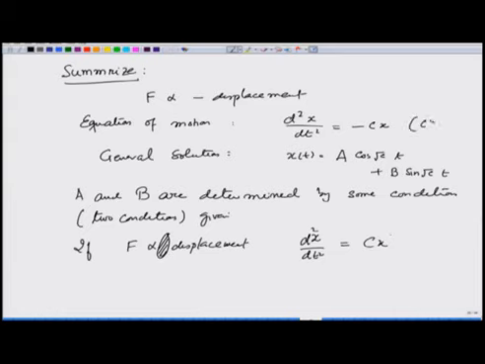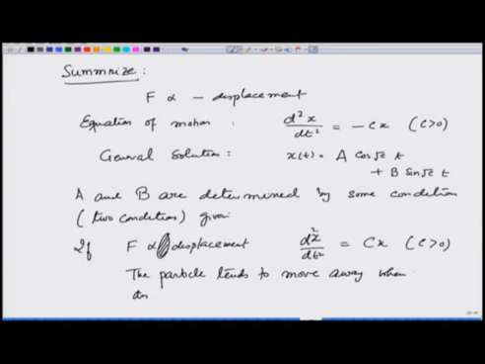I must write C greater than 0, and the particle tends to move away when displaced. So, this first thing leads to what is called the simple harmonic motion.